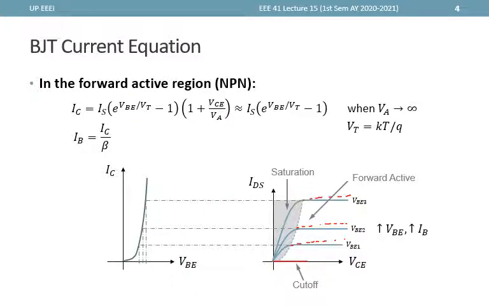So to plot the currents at saturation in this IC-VBE plot, we'll actually get a smaller current for the same VBE, but we don't normally show that and just simply show this forward active case. Now, for the forward active region, we also have this formula that we can use: IB is equal to IC over beta, and therefore, using this equation, we can just scale this down to get IB.